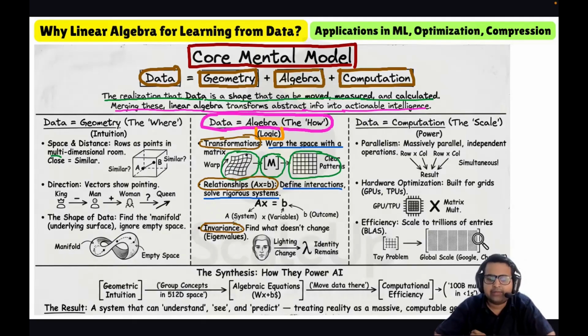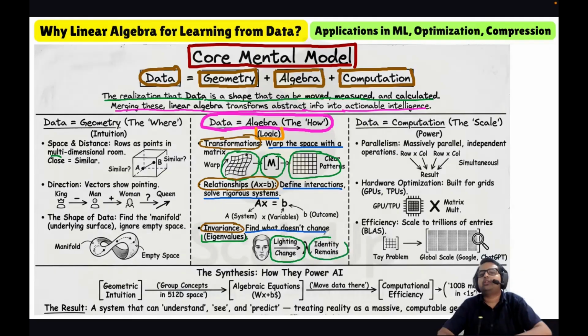And the invariance. Algebra helps us find things that don't change, that are invariant, like the eigenvalues. This is how facial recognition works. It finds the algebraic properties of a face that stay the same even if the person is in different lighting or at a different angle. If the person goes to a different lighting condition, there are many features which will remain identical.